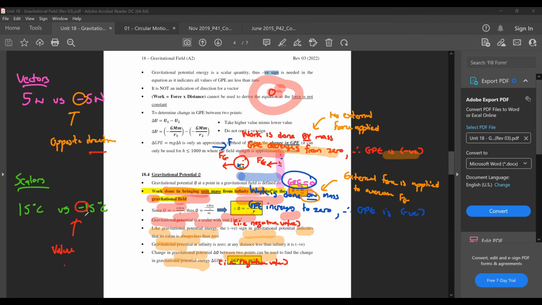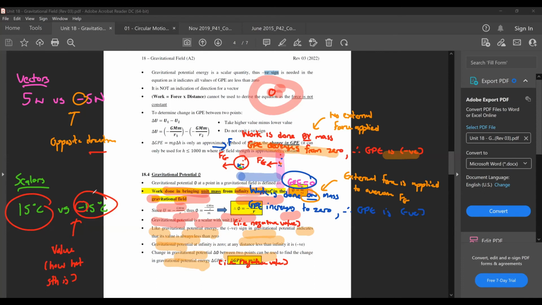Instead, you associate it with value, or rather how hot something is. So 15 degrees is considered maybe warm. Negative 15 degrees is considered to be very cold. So the negative here isn't telling you direction. It's actually telling you a measure of its value.